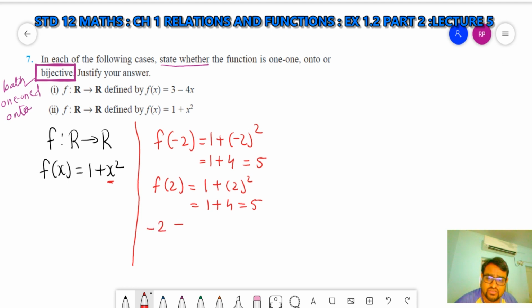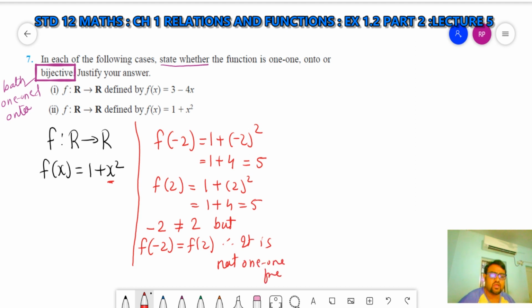Minus 2 is not equal to plus 2, but f of minus 2 is equal to f of 2, therefore it is not a one-one function.